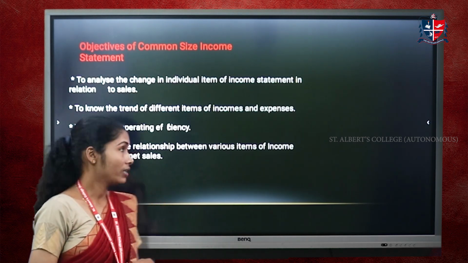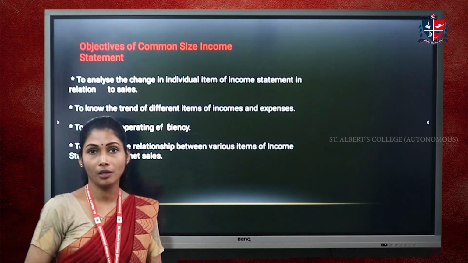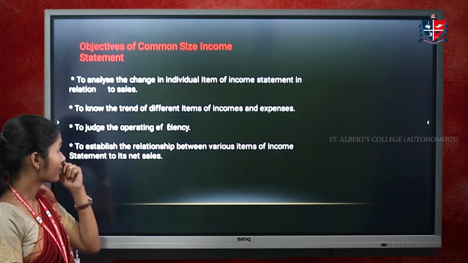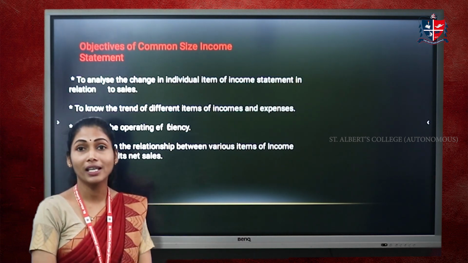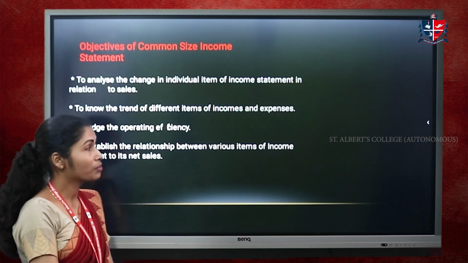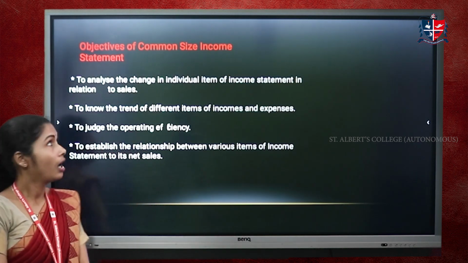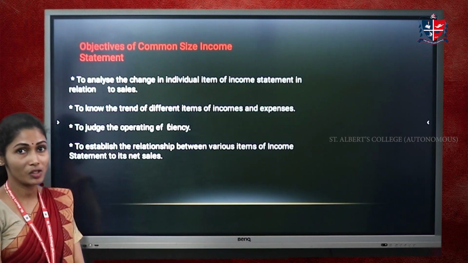And with the help of a common size income statement, we can understand the trend of different items of incomes and expenses. Okay, these are the main objectives of common size income statement.